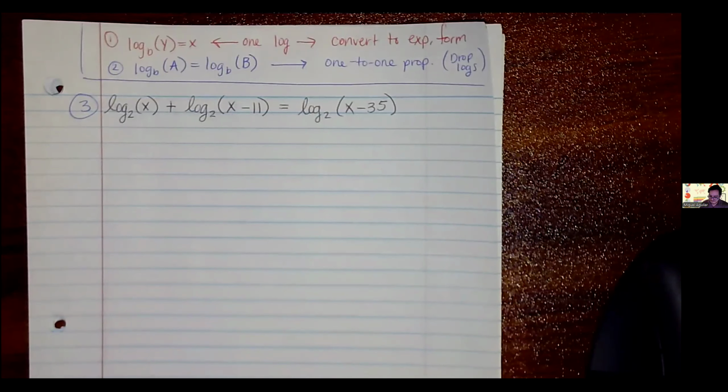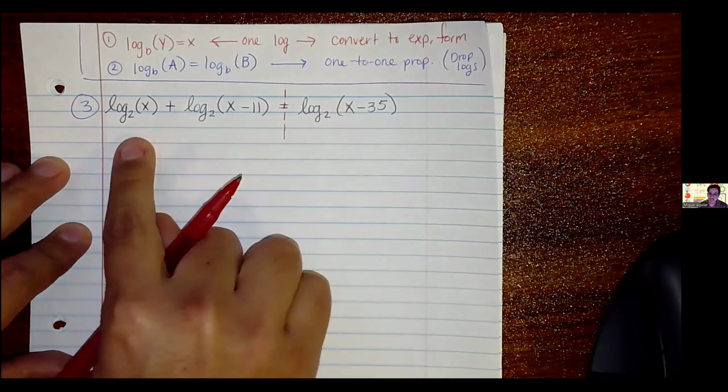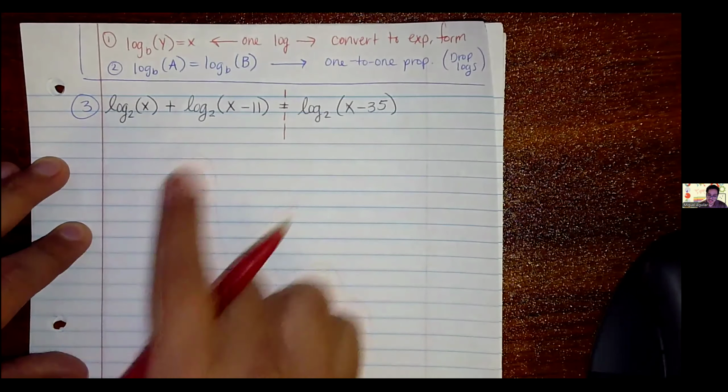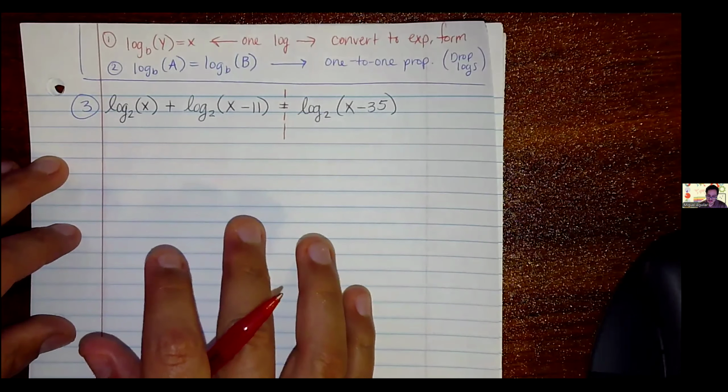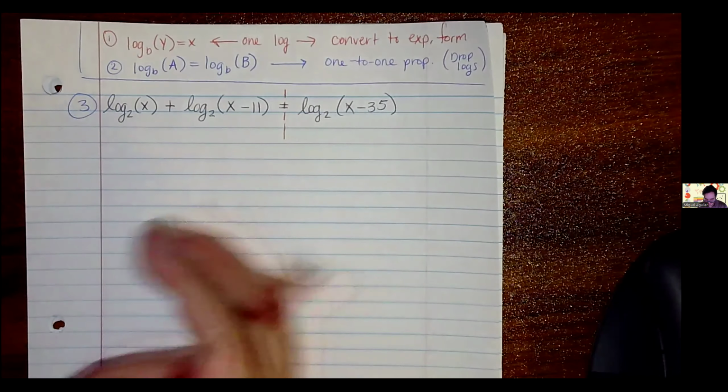So this is the way you want to handle it. On the left side of my equation, over here, how many logs do I have? 2. And you guys have been practicing karate this whole time without knowing, right?